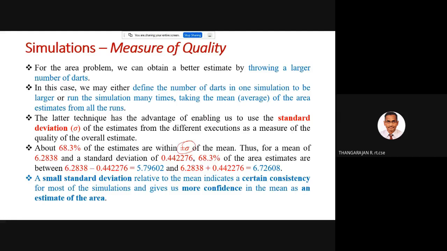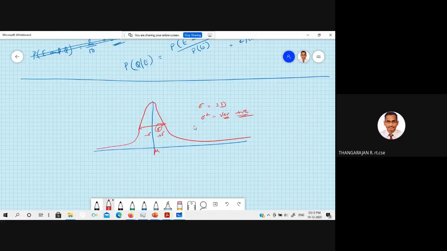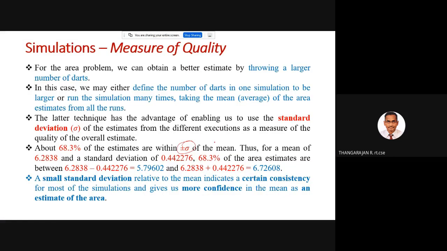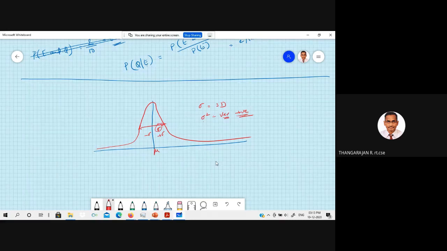you always know what is 1 sigma, 2 sigma, 3 sigma. That's defined. 1 sigma is defined as about 68.3%, and 2 sigma as about 95% or so. Nowadays in companies, when we talk about quality, you say 6 sigma.